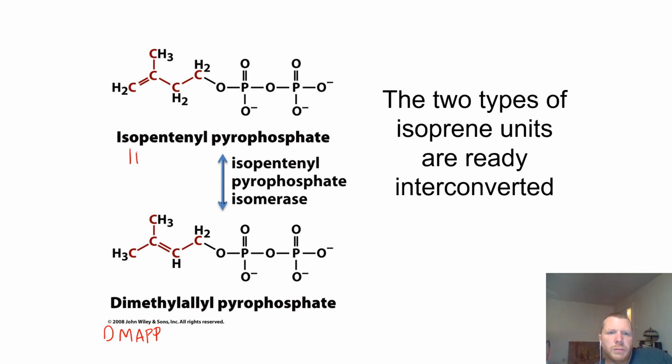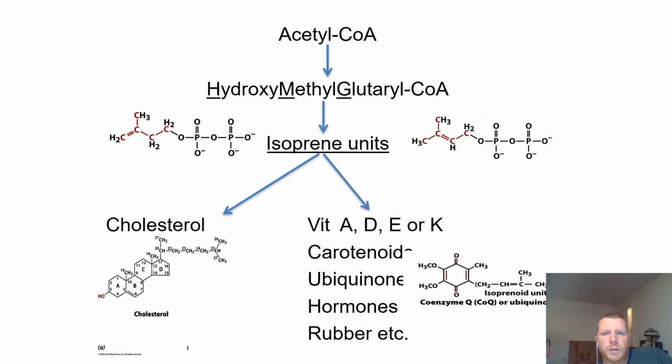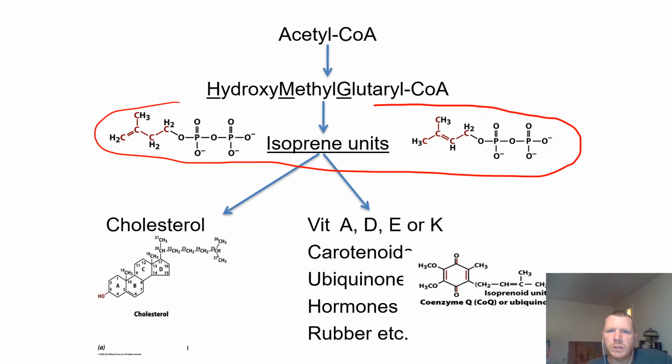So IPP and DMAPP, both of these are 5 carbon molecules. All that differs about them is the placement of that double bond. By going through this process, we basically have 2 isoprene units ready to work. We're going to be able to use those different isoprene units, which have been highlighted right here, to go in these different directions.